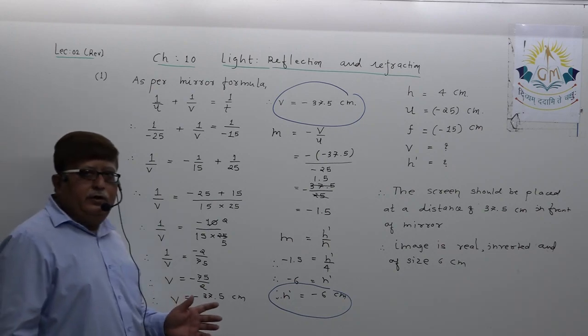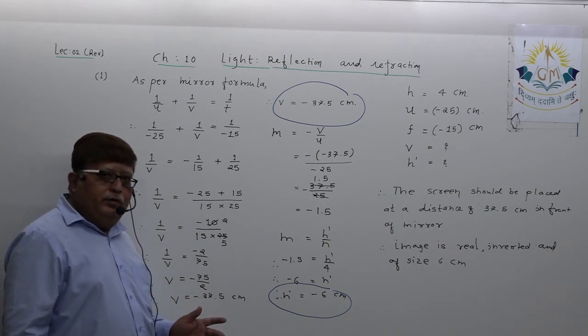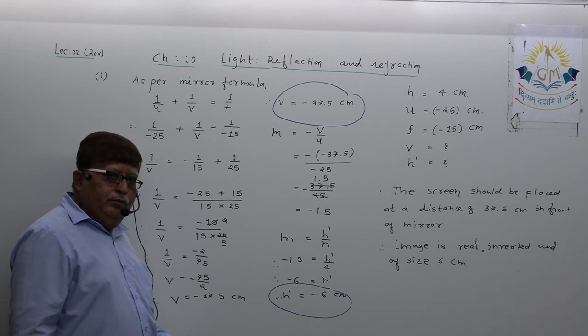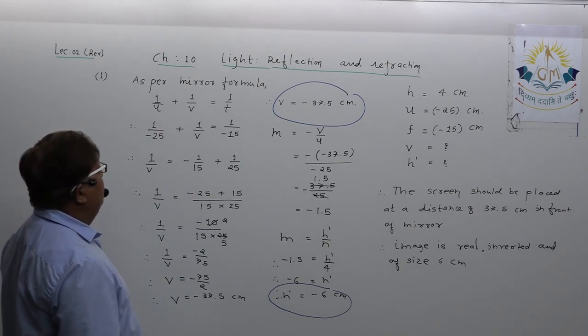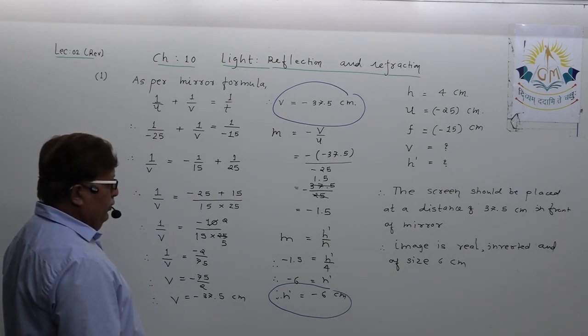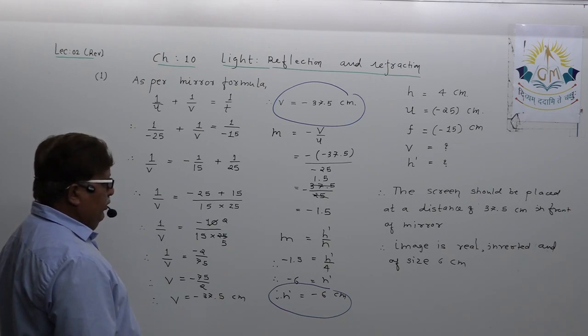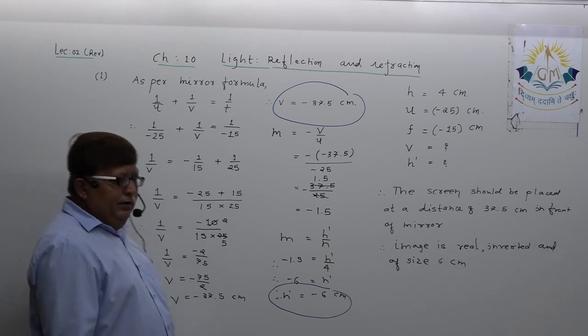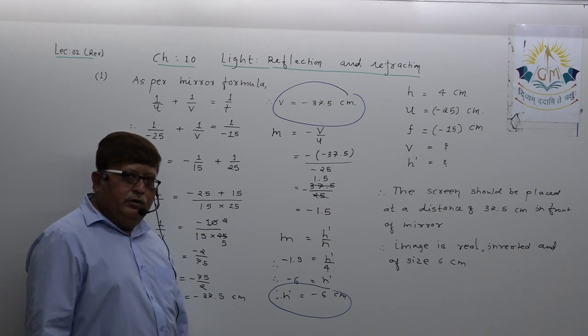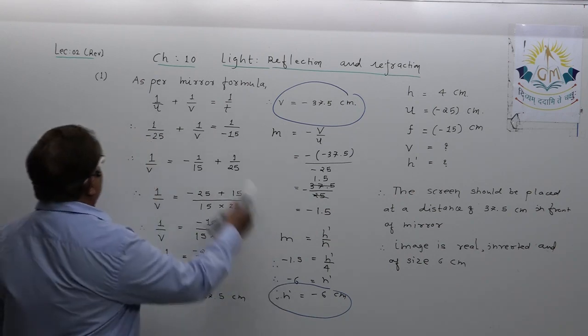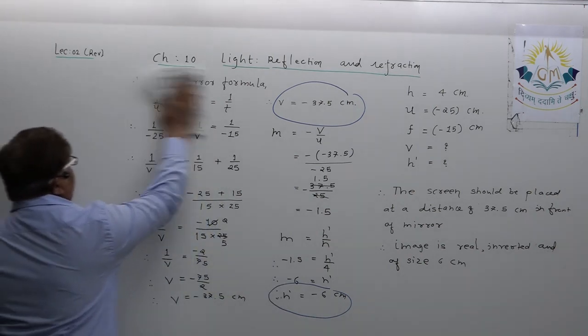First, we are targeting all examples of the concave mirror only. Then we will go for the convex mirror. First, our total attention will remain on the concave mirror. So let us erase this example.